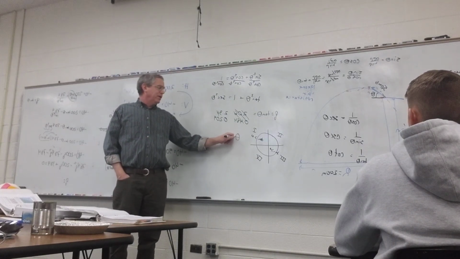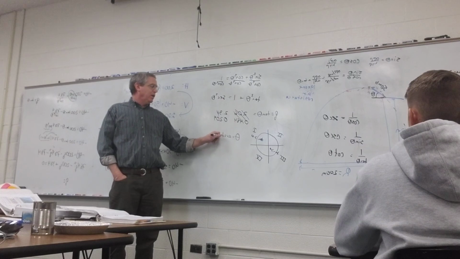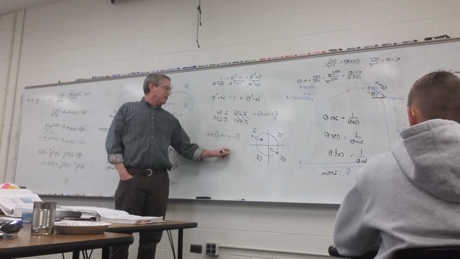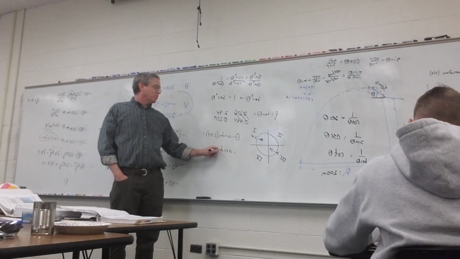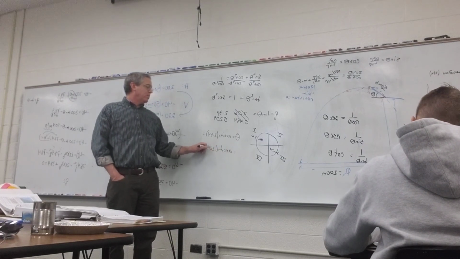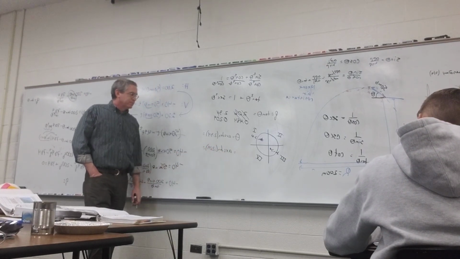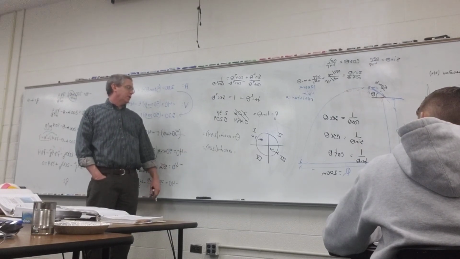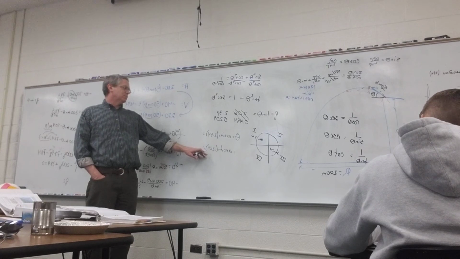So theta is the arctan of 2.34 and the arctan of 0.209. So 0.25, so this is about 10 degrees.